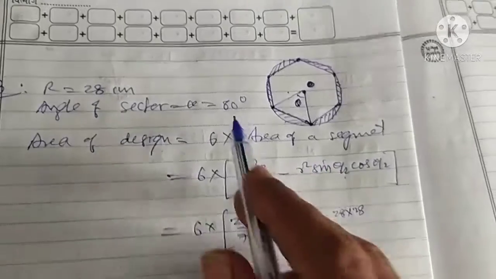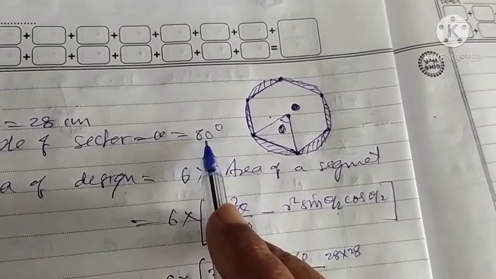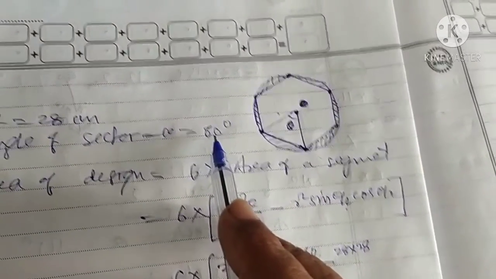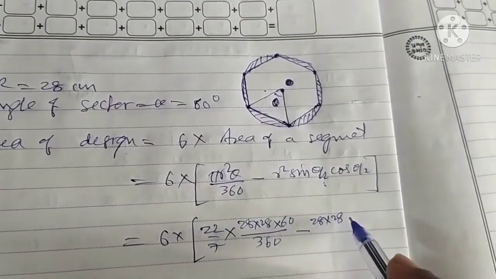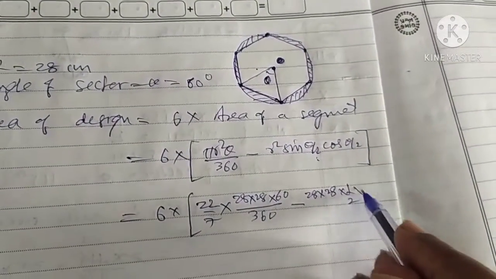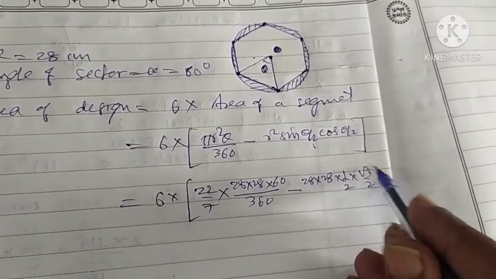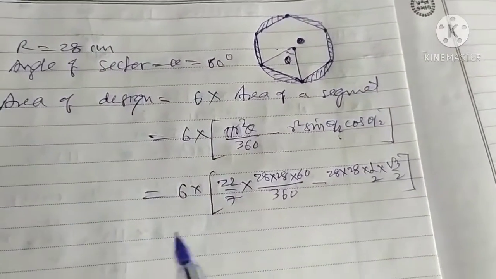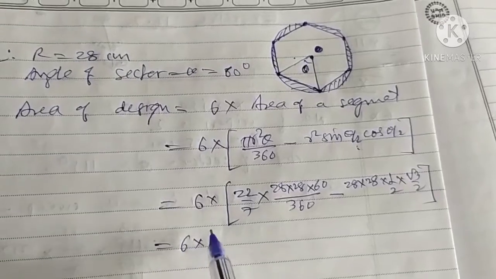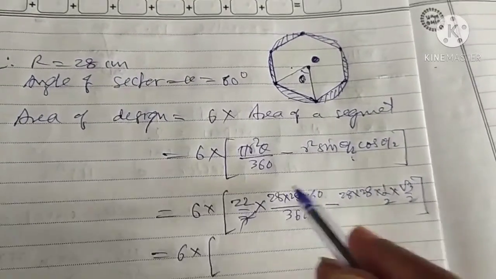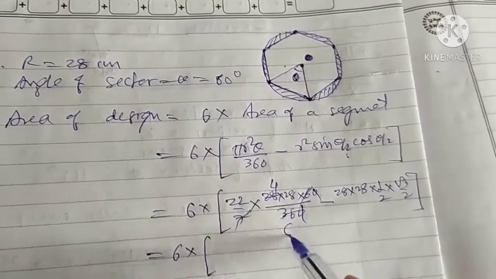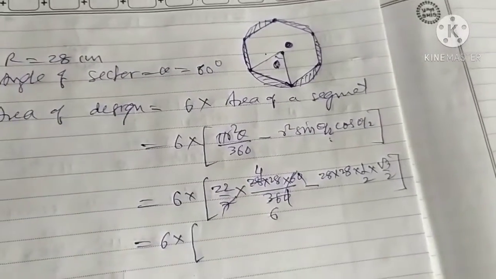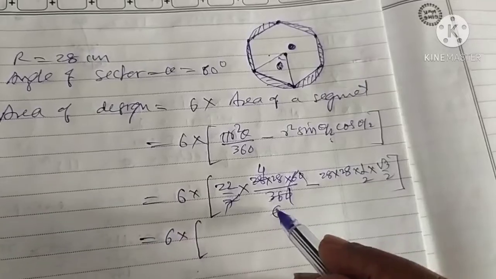What is theta? 60 degree. So theta by 2 means 60 upon 2 is 30. Sin 30 is 1 upon 2. Cos 30 is root 3 upon 2. Okay. Please see properly. How you got? 6 multiplied by bracket. Cancel by 7. 0, 0 cancel. 6, 6, 36. Whatever possible, don't delay in cancellation. Okay.